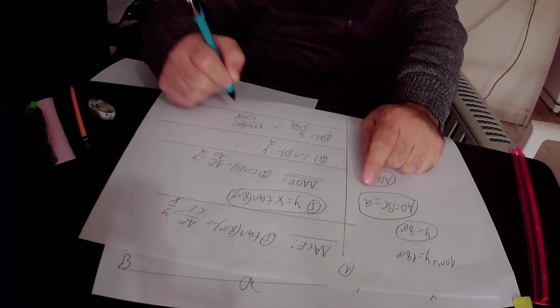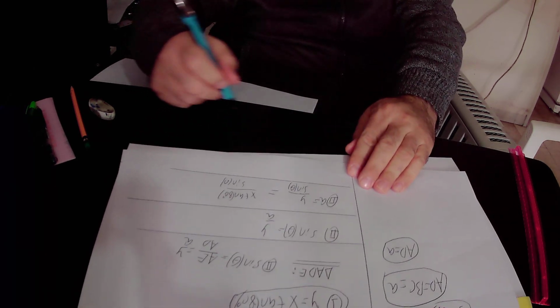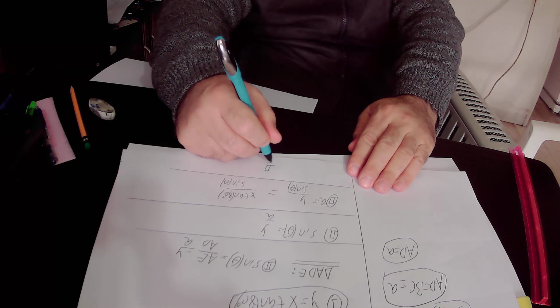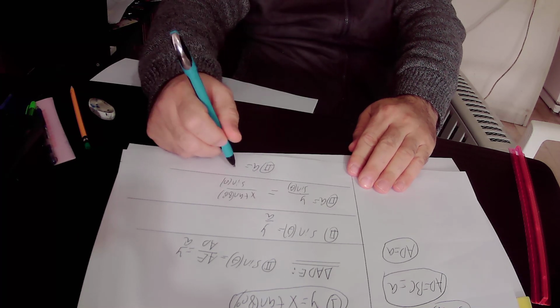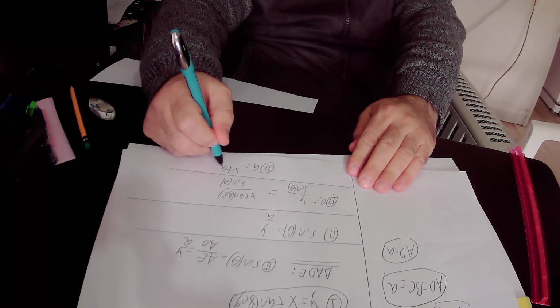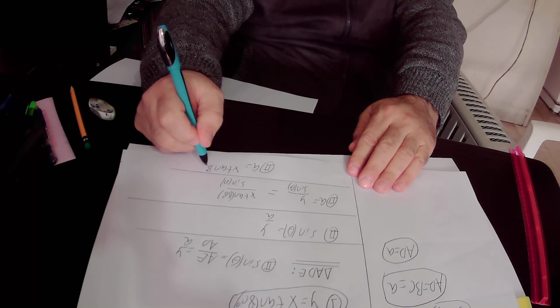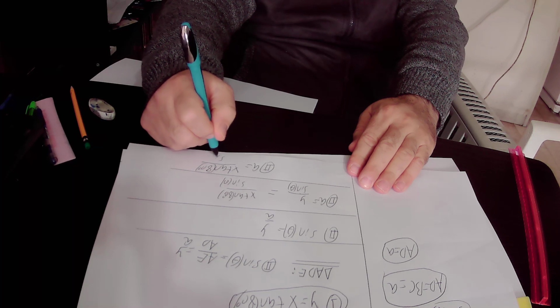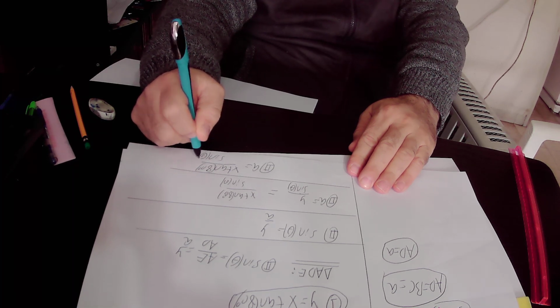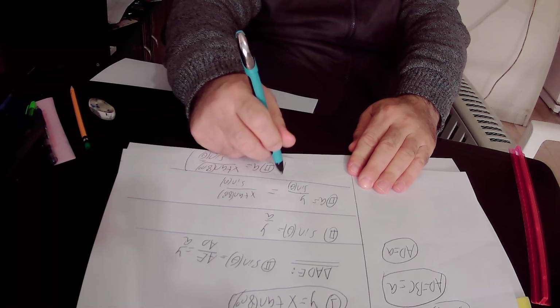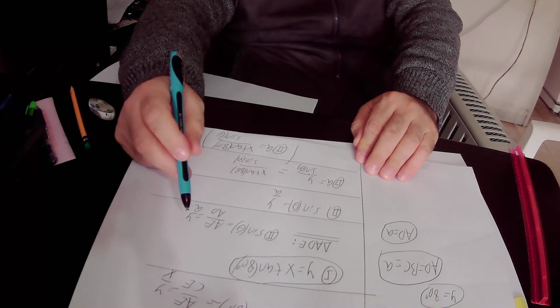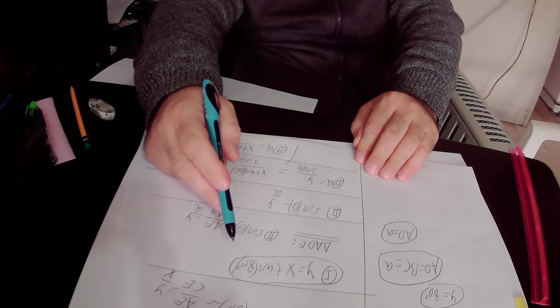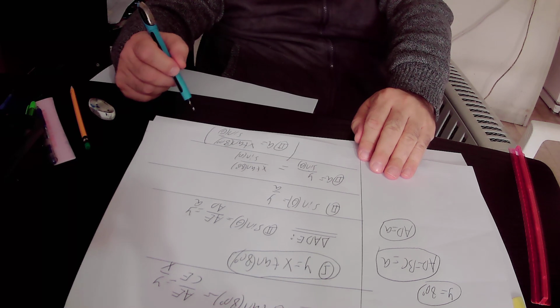So according to equation number 2, A equals x tangent 80 degrees over sine theta, while according to equation number 1, y equals x tangent 80 degrees. Okay?